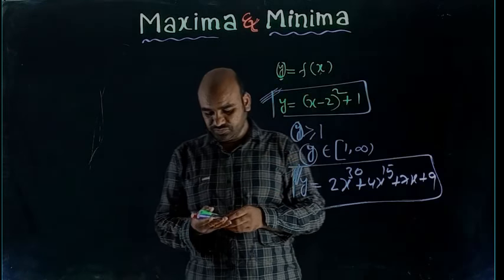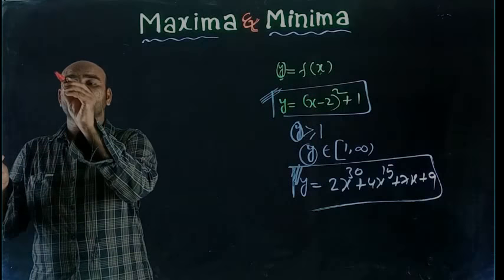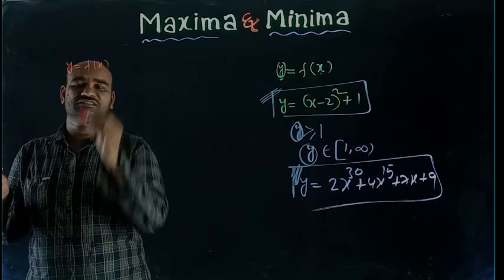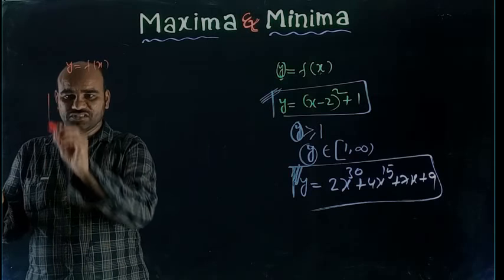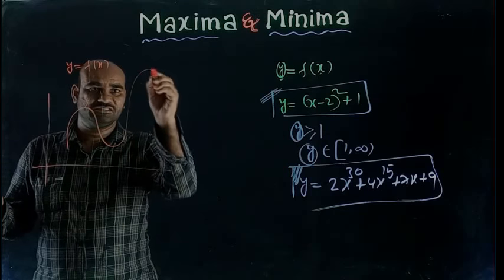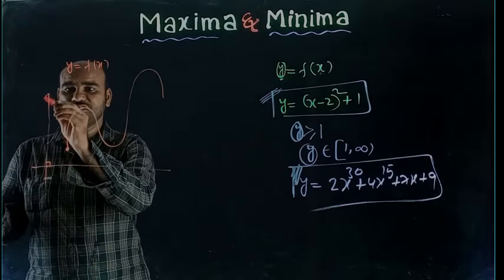Understood? Okay, observe here. y is equal to f of x is a function. Its graph is given like this. For example, this is the y-axis.